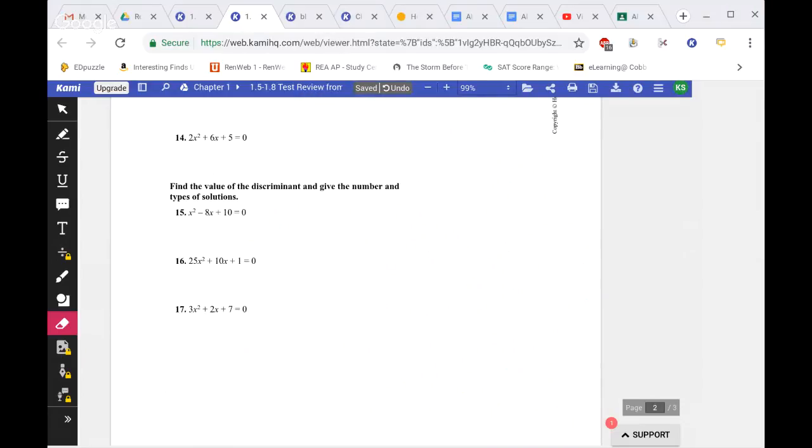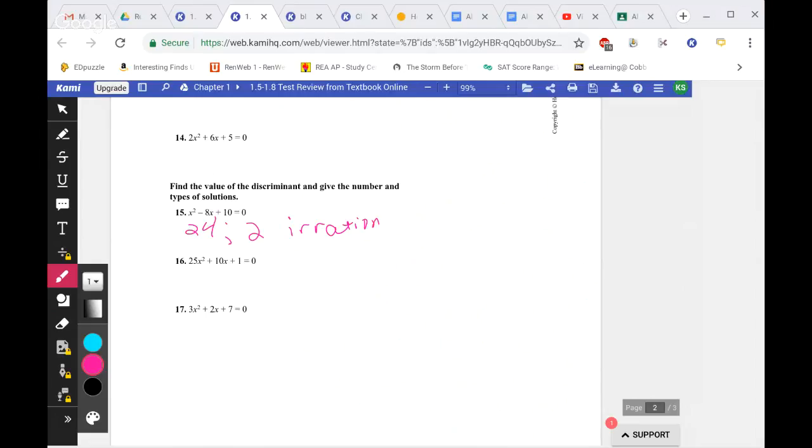Are you going to post the answers to these questions? I am going to post the answers to the questions, but what I don't like is the answer key to the book. For number 15, it gives the answer 24, then a semicolon and says 2 irrational.